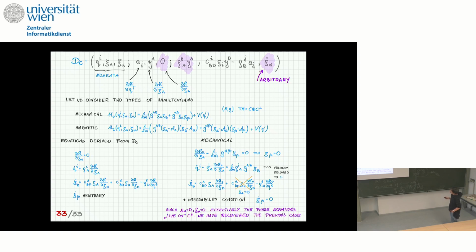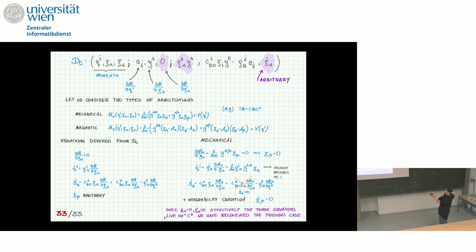So when I differentiate it, I get that this being 0 means that the momentum with betas also is 0, and this part cancels, and I come back to the situation that I described using skew algebroid. So in a sense, this more general structure gives me the same answer.